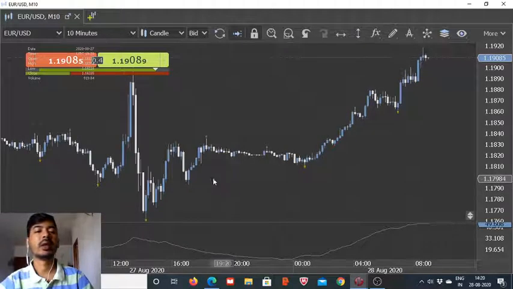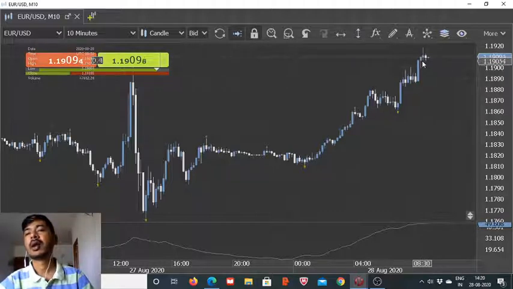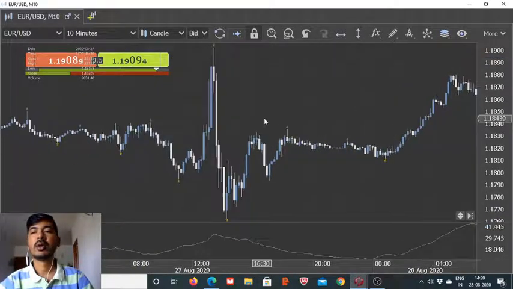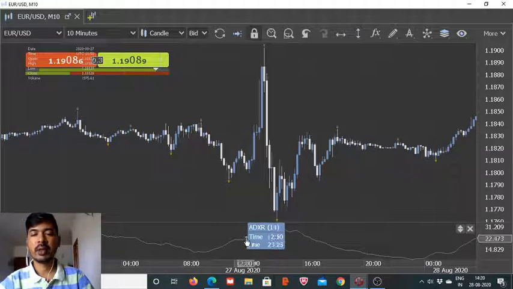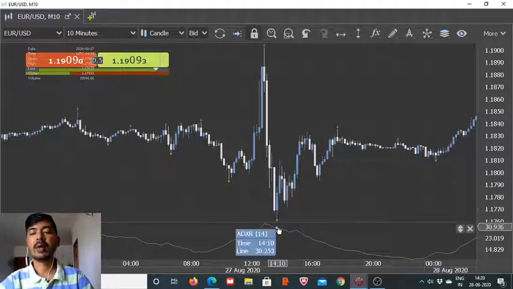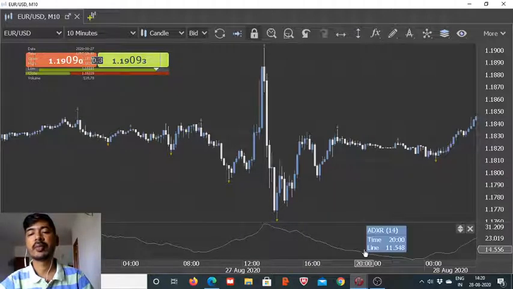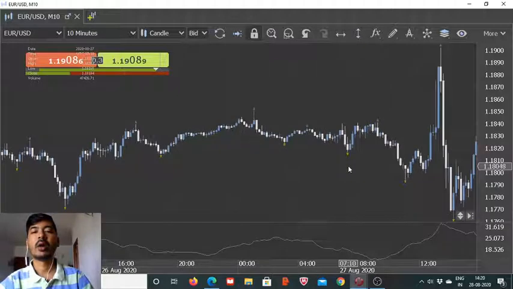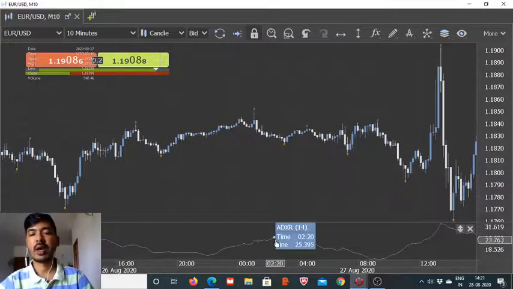If you use any moving averages, then mostly you will get the trade on the bullish side, and here you will get the buy trade somewhere around here. And we have seen significant moves from those levels. Even on prior occasions we have these ADX values shooting up prior to the big move. So in that way we can always use this ADXR indicator on different time frames as per our requirement.